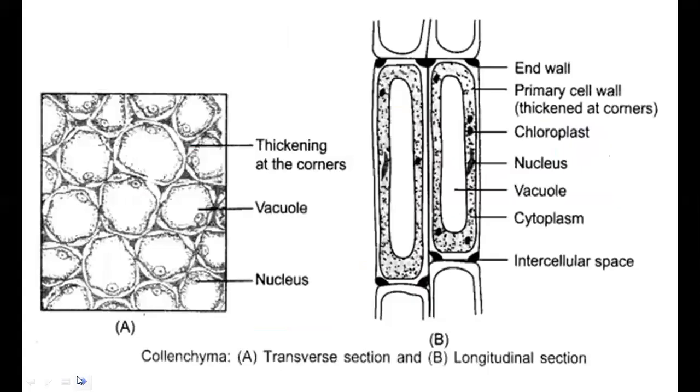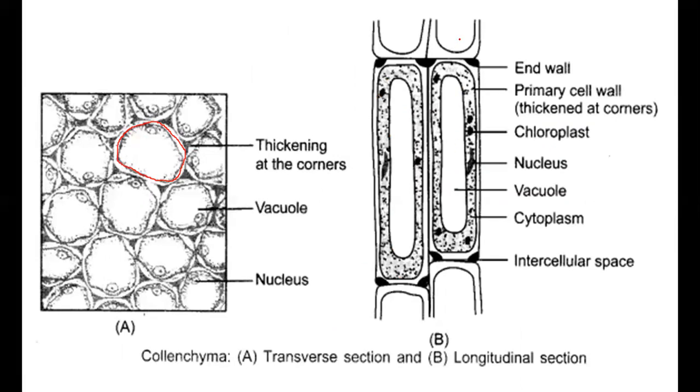Now if we look at the diagram, here we can see that the cells are round shaped, or spherical shaped, or oval shaped. So this is the transverse section, and if we make the longitudinal section, then we can see that the cell is elongated. So the actual shape of the cell should be pipe-like.